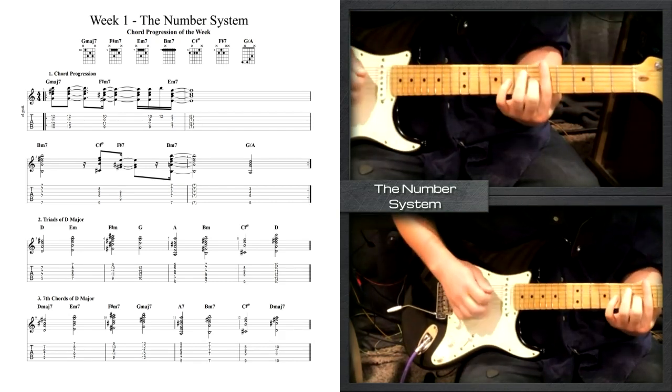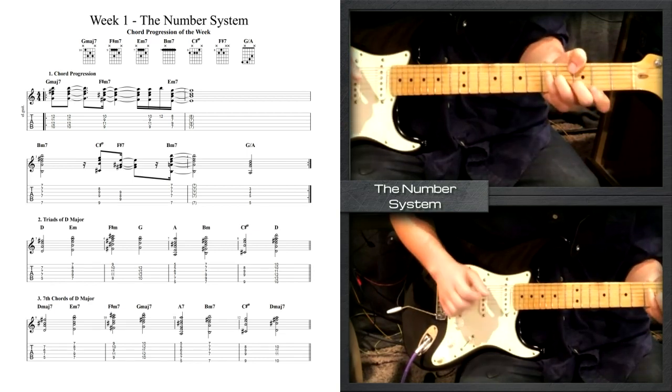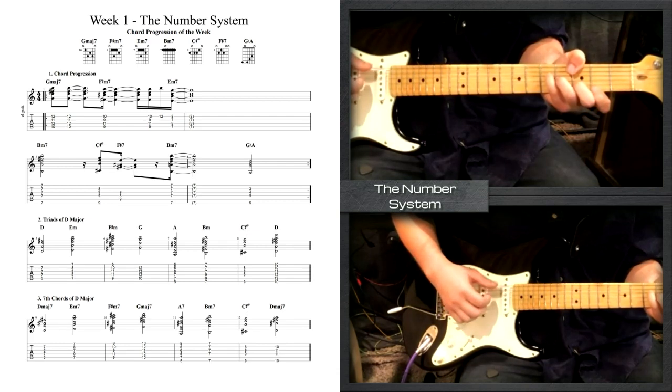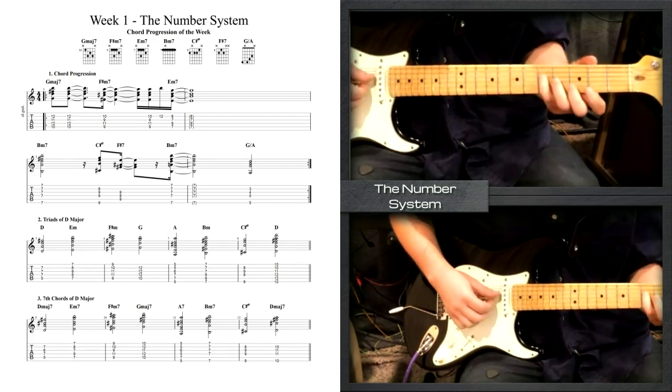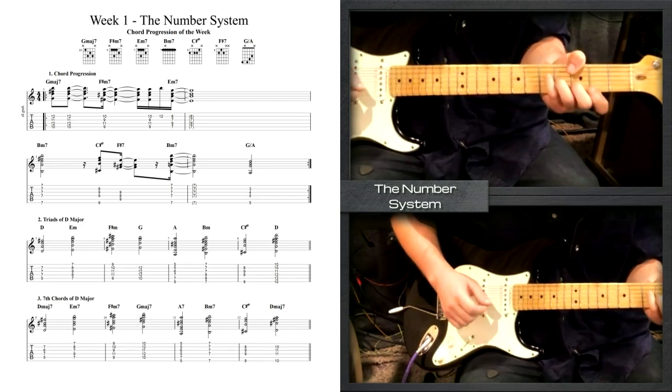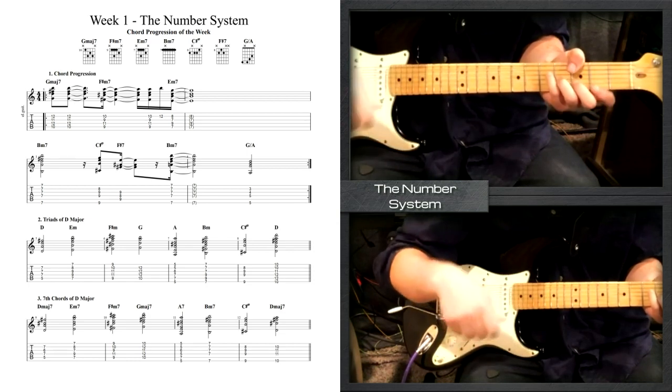So this is a dominant 7, and you can kind of hear the difference in it. So I'll play this for a major 7. So basically the intervals in a major 7th chord would be the root, the major 3rd, the 5th, and a major 7.